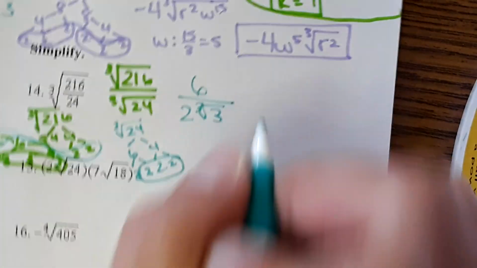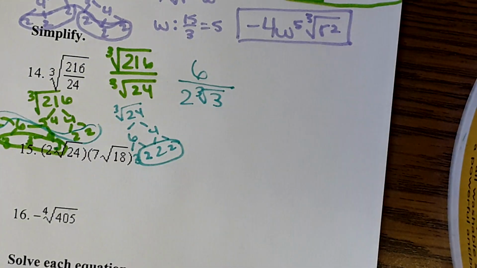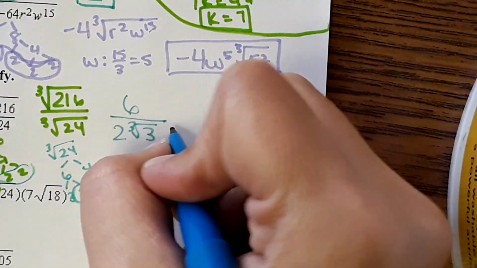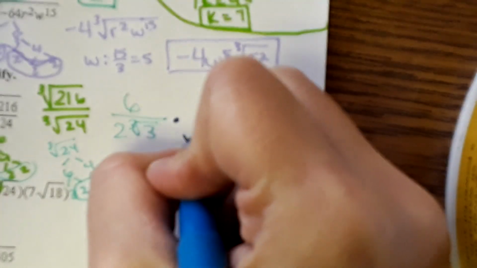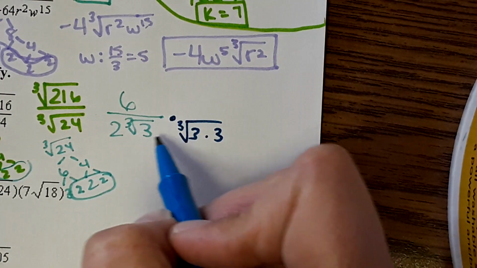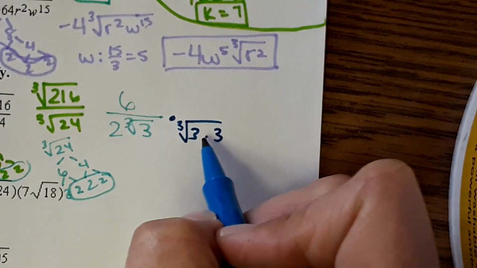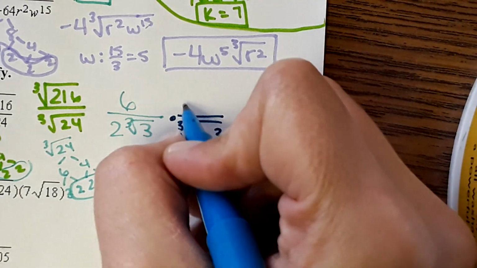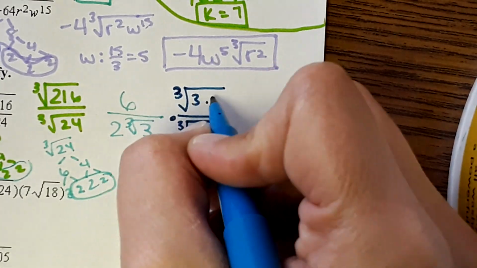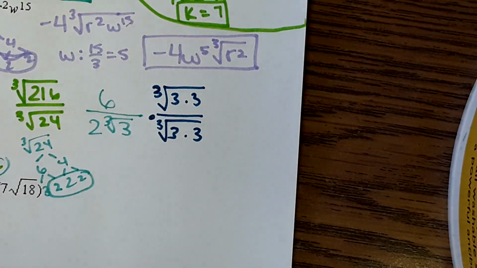Well, cubed root of 3. Here, that 2. Okay, we can't leave the cubed root in the denominator. So to get rid of it, like if I was to do cubed root of 2 more 3's, then I would just have 3, if that makes sense. And then whatever I do to the bottom, I also have to do to the top. So cubed root of 3 times 3, which is 9.